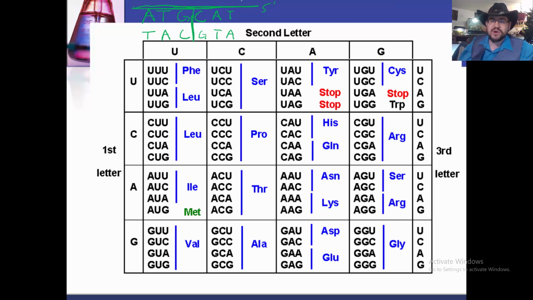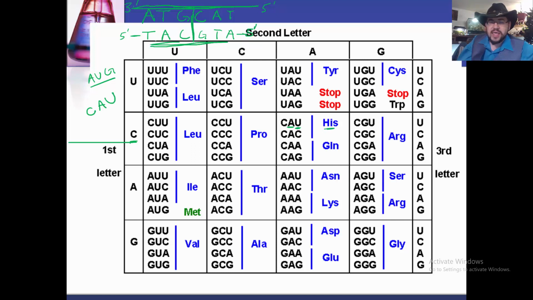So this is our 5' to 3', and this is our 3' to 5', meaning this right here is our template. So TAC produces AUG, start. And then GTA is going to produce CAU. So that is CAU. Histidine.